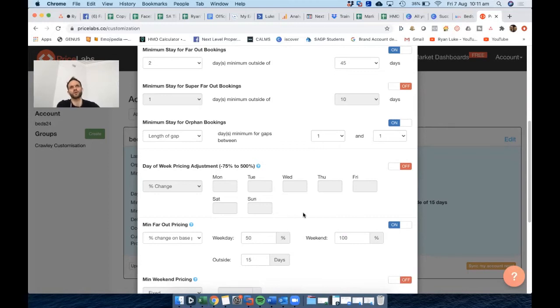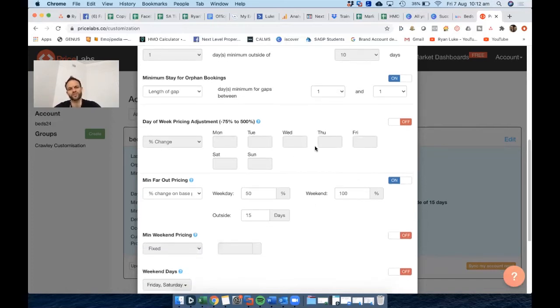A case in point was, I've got a really nice two-story 4-bed place in Tynemouth, which is on the coast. And the rate map on a Friday and Saturday night wasn't boosting the weekend price up. But I know, given the area, given the location, that it is a good weekend sort of place. So I naturally put in, I think it was a 50 or 75% uplift on the base price for the weekend.